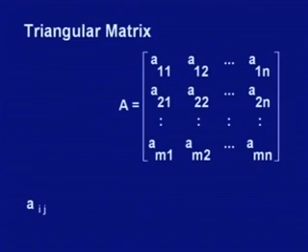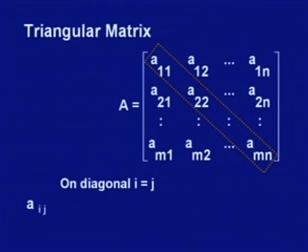Now, for triangular matrices, I consider a square matrix A of size n by n. In this square matrix, one may observe that the elements which appear in the diagonal all have row index equal to column index, like the elements which I have shown in this box.